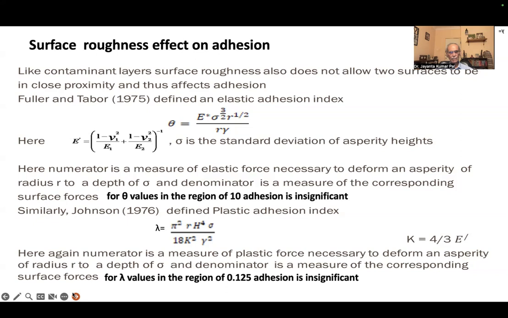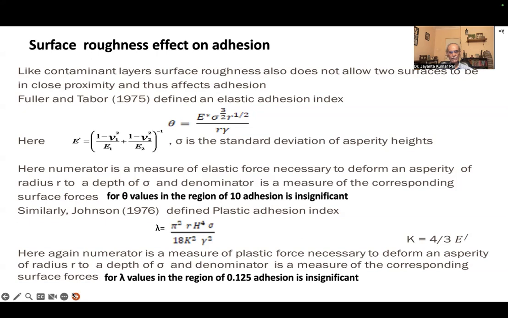Similarly, Johnson came up with another factor called the plastic adhesion index, given by lambda equal to pi square R H to the 4 sigma by 18 K square gamma square. Here H is the hardness, sigma is again the standard deviation of the surface asperity heights, and K is the combined elastic modulus.